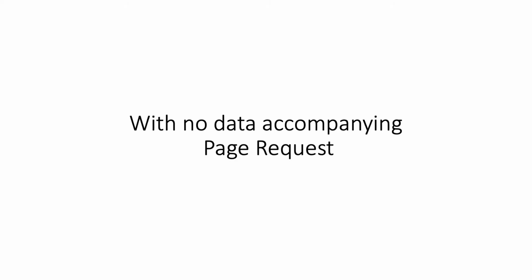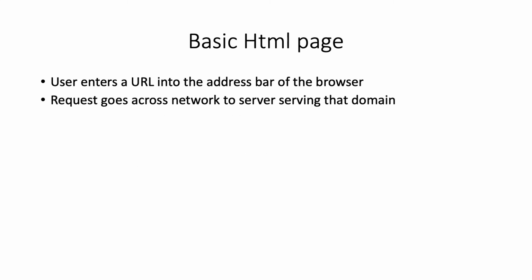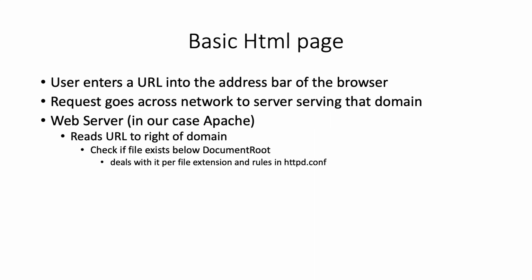Alright, so how does that work? Well, if we pass a web page with no data in the page request, so we enter a URL into the address bar of the browser, the request goes across the network to the server for that domain. The web server, in our case Apache, reads the URL to the right of the domain.